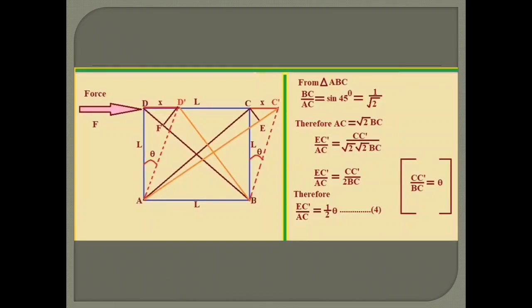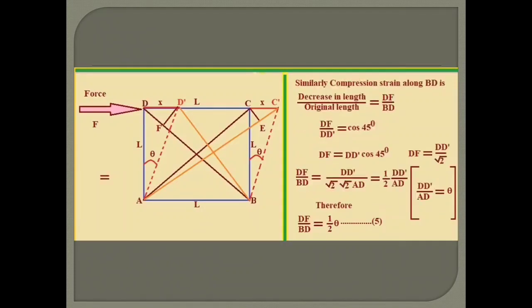EC dash divided by AC is equal to CC dash divided by twice BC. CC dash divided by BC is equal to theta, you can observe from the diagram. Therefore, EC dash divided by AC is equal to 1/2 theta. So this is equation 4 we have written.